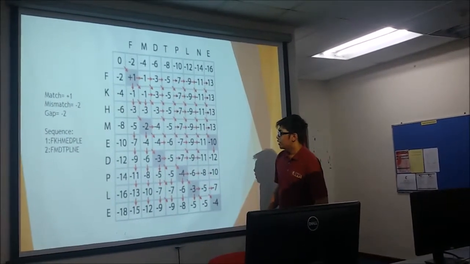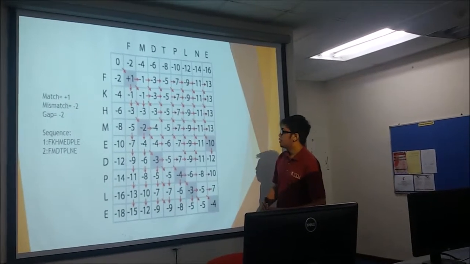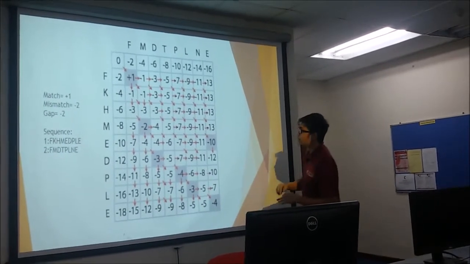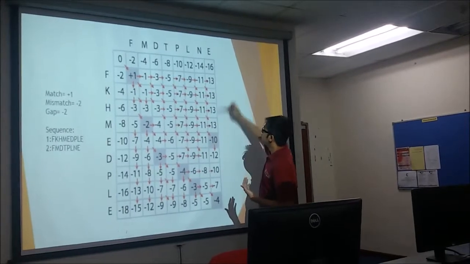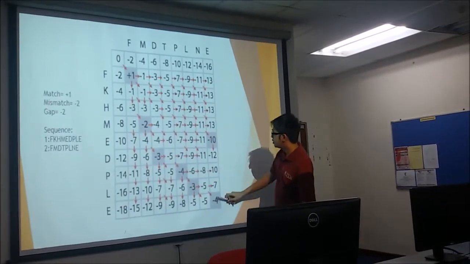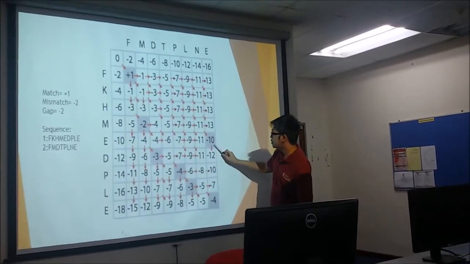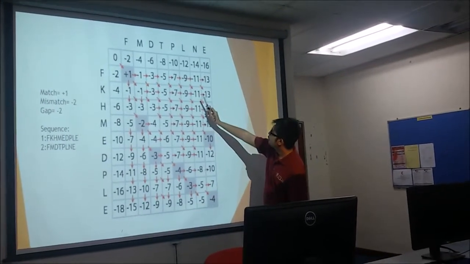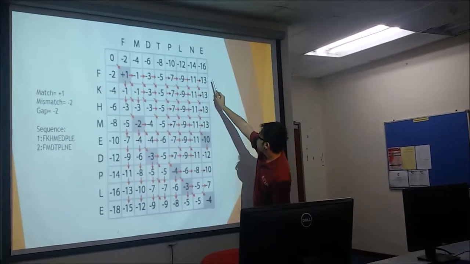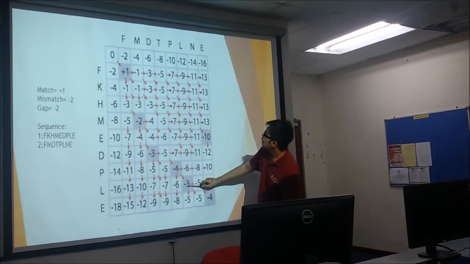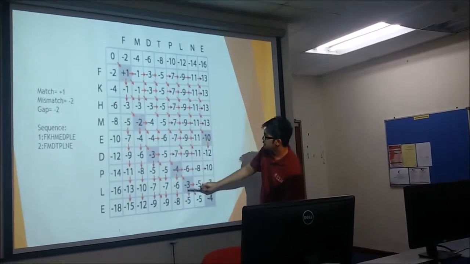The easiest way is to highlight the biggest value in the vertical first. Like this vertical, the biggest value is -4, and then we see that there's -10, and then over here the L, the match and the biggest. So this is L and this is L. The biggest is -3.